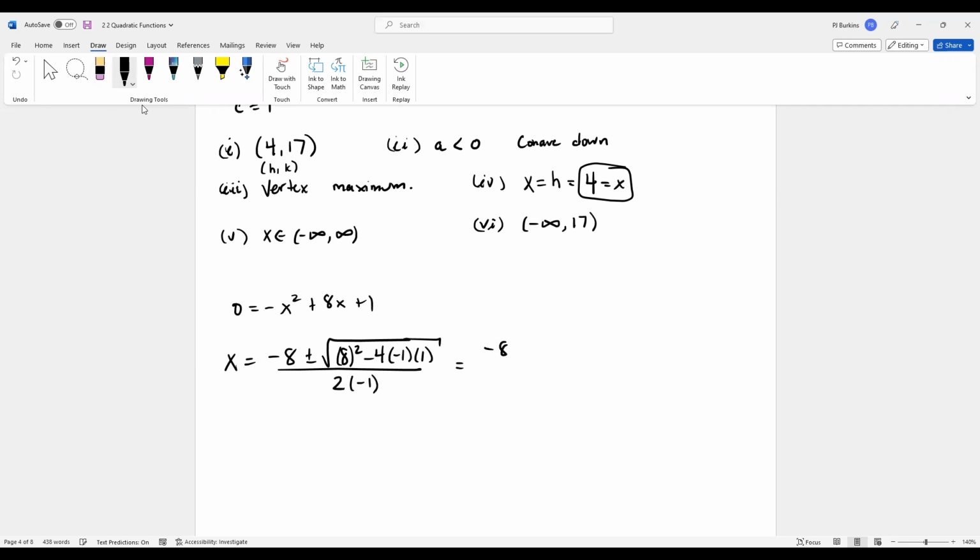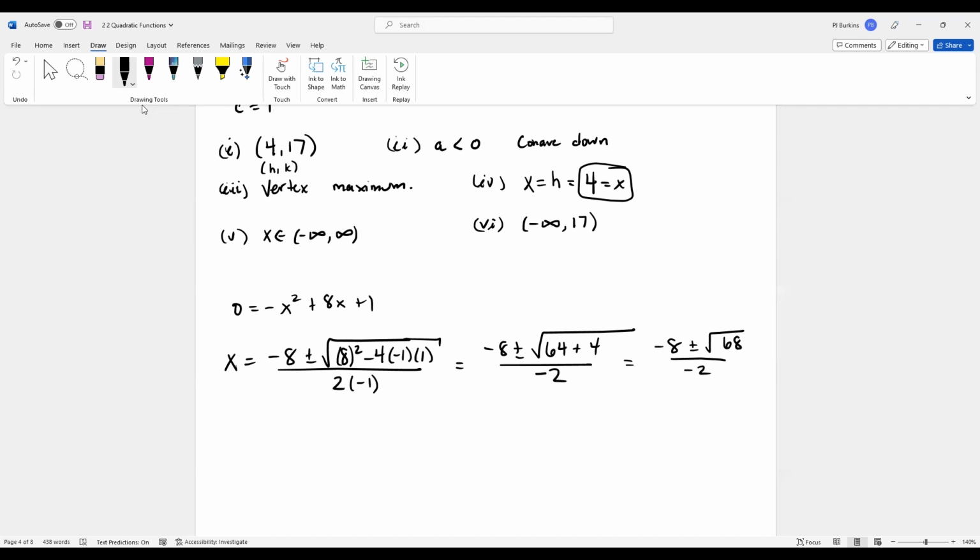So we have -8 plus or minus the square root of 64, and then this is going to be plus 4, all over -2. So we have plus or minus the square root of 68, all over -2.